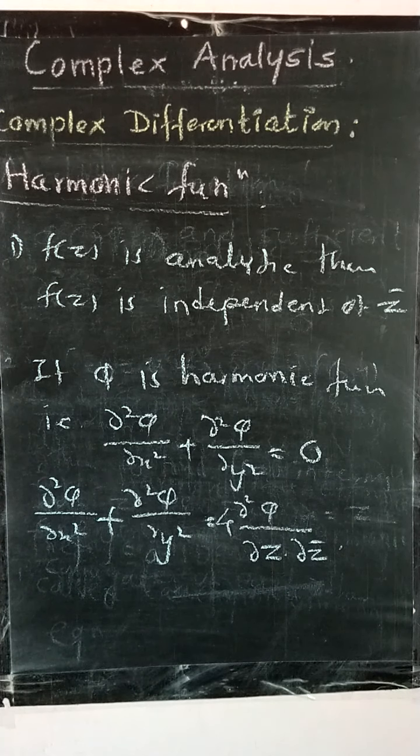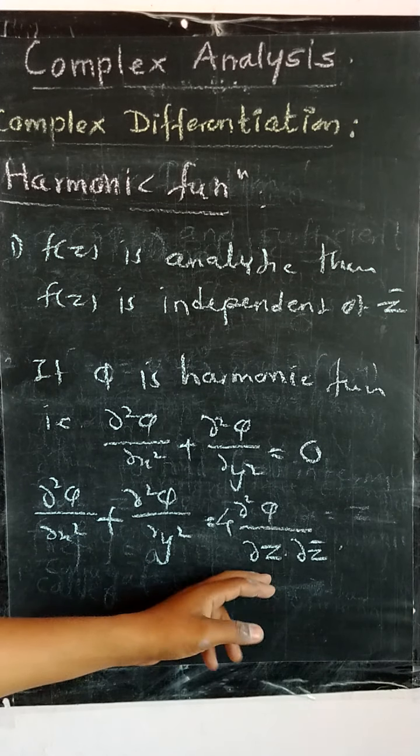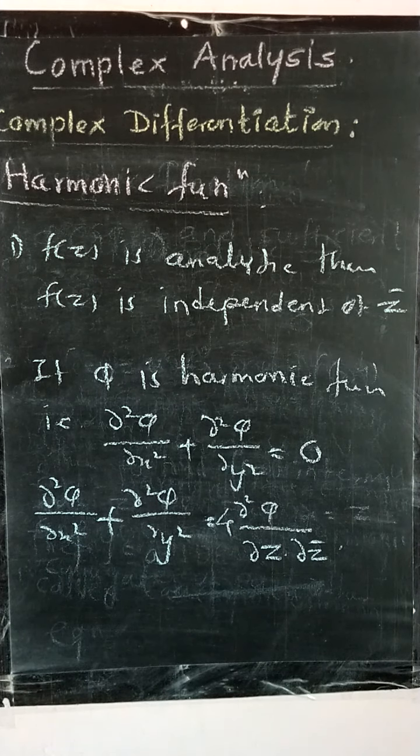That is a very important note. If phi is harmonic function, then we can write the left hand side of the Laplace equation in the form of the right hand side, that is 4 times del square phi by del z del z bar.